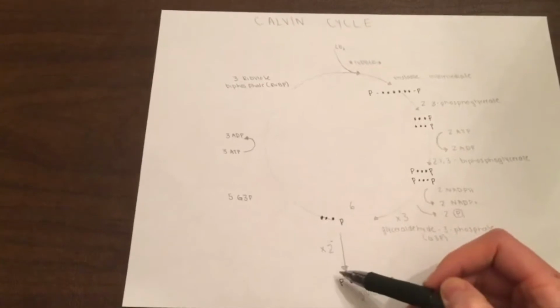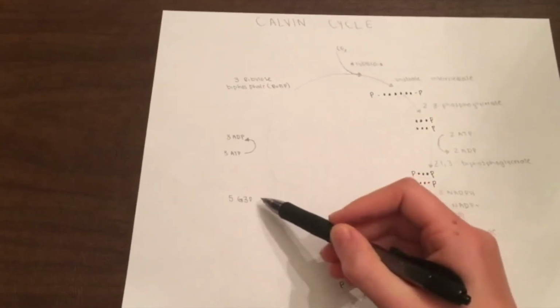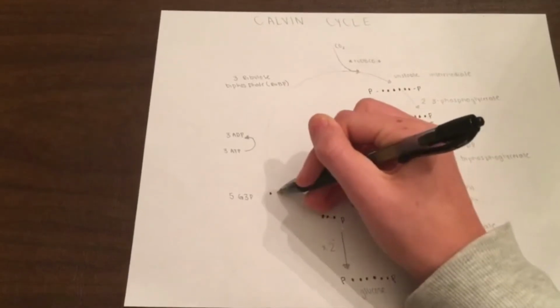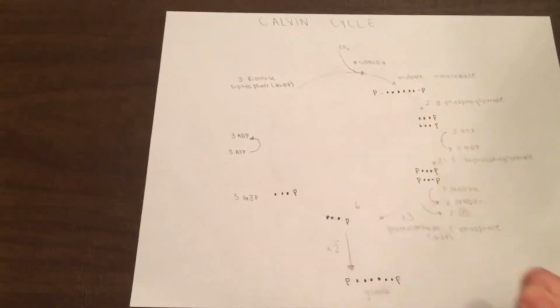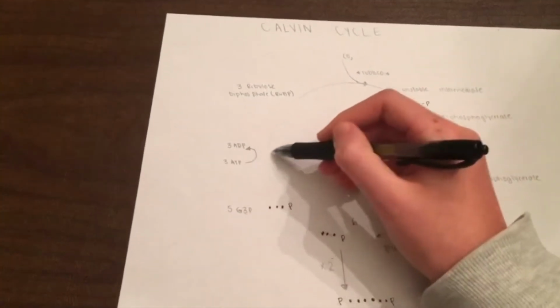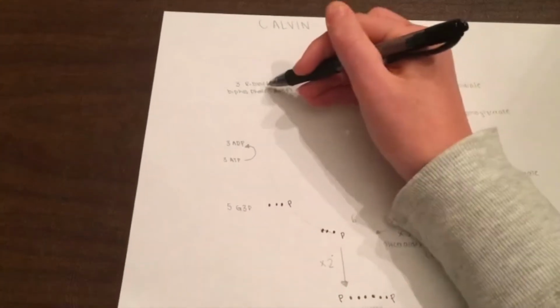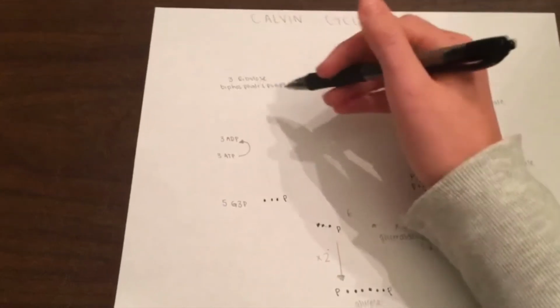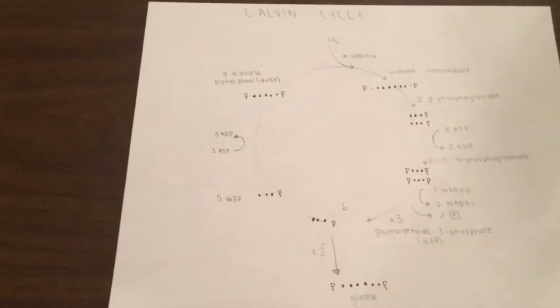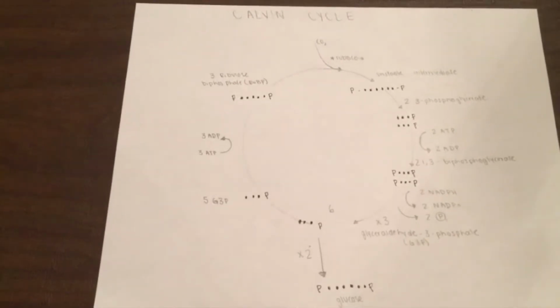And to do that, now that we've donated 1 of the 3 carbon molecules, we're going to continue on and we're going to have 5 3 carbon molecules with a phosphate group on the end left. Then 3 phosphate groups are going to be added to the molecule, and then we're going to have 3 RuBPs, which is a 5 carbon molecule with a phosphate group on each end, which is what we started with.